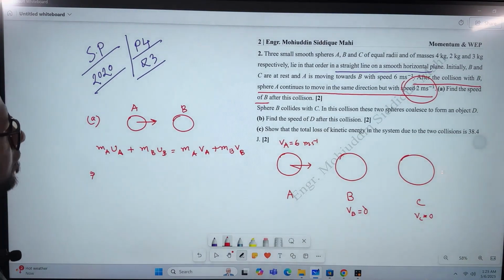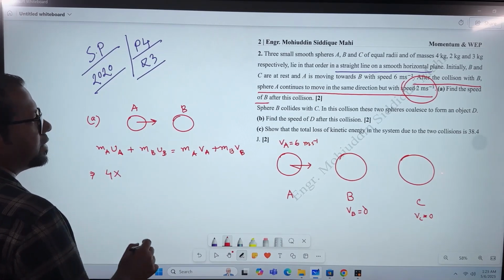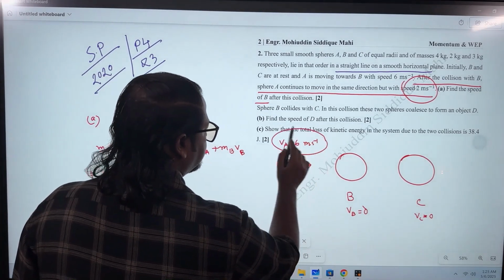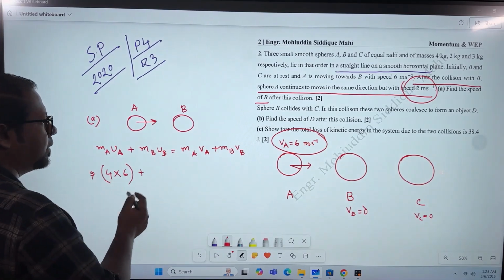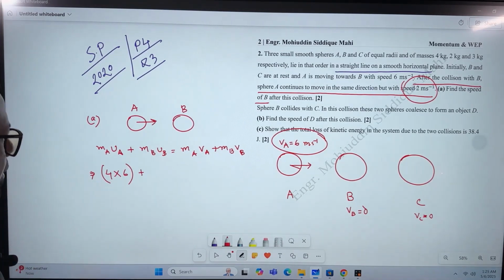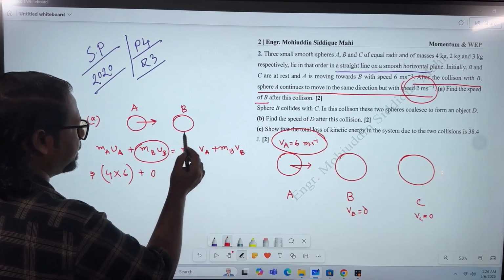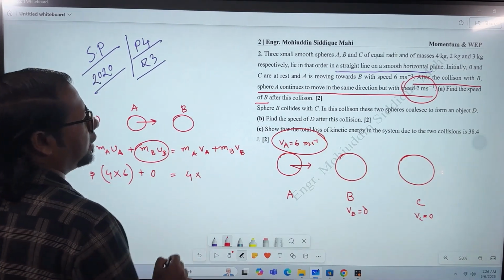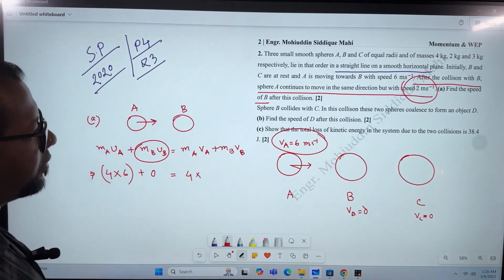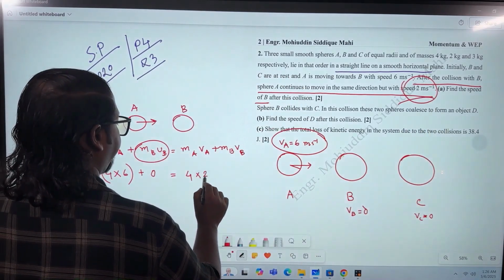Okay, so mass of A is 4 kg, its initial velocity 6 meters per second. B was stationary, so zero velocity, that means zero momentum. After collision, mass of A is 4, and A was moving in the same direction with a speed of 2 meters per second.